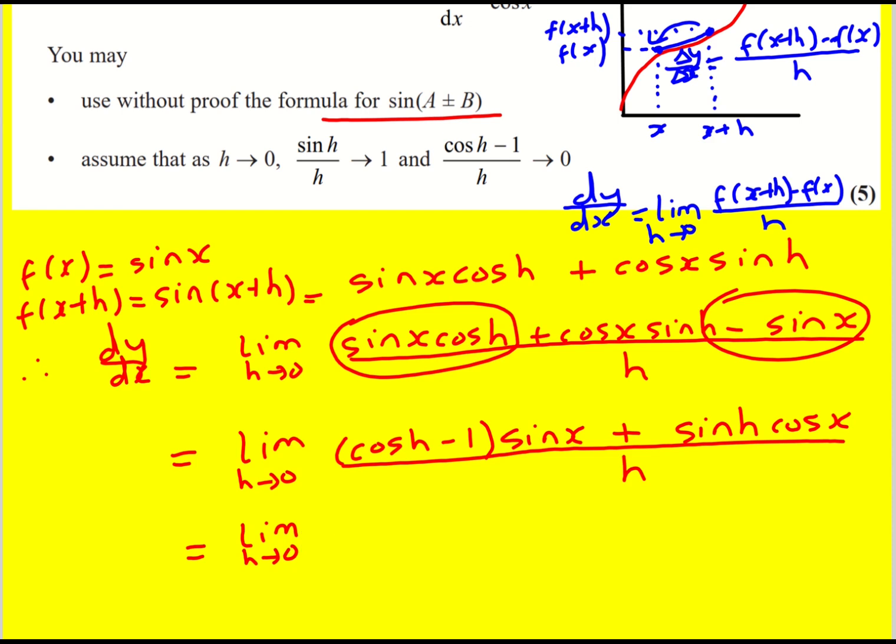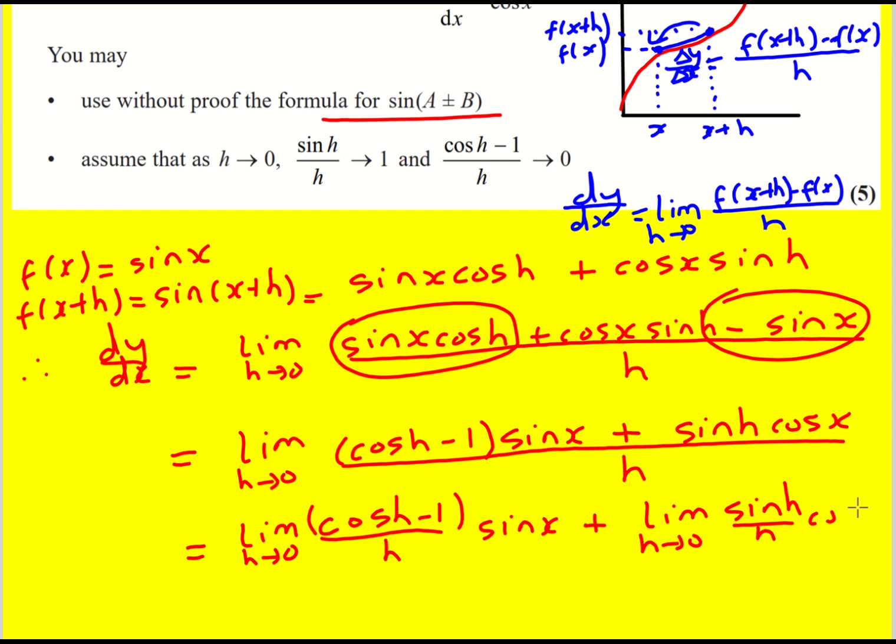And now with my limit, I can split it into two different limits, and also I can rewrite the first bit as cos h minus 1 over h, sine x. Then it'll be plus the limit as h tends to 0 of sine h over h, cos x. They're exactly the same.